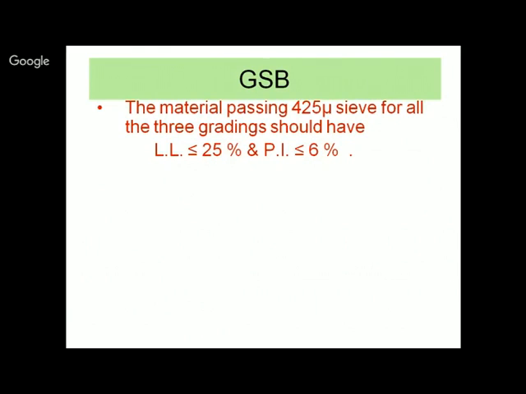As we said in the morning session, soils which are on cohesive side will have more moisture retention capabilities, and we don't want that. That's what we said, that I want my granular sub bases or base courses to be free draining material. So if the fines are not conforming to those requirements, water retention can take place, which will be detrimental to the performance of this layer.